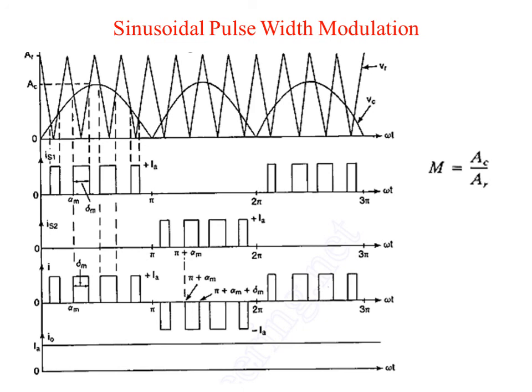Thus, by increasing or decreasing the width of pulses, we can eliminate certain harmonics present due to the phase controlled converter. So these are the four methods by which the power factor can be improved and harmonics can be eliminated.